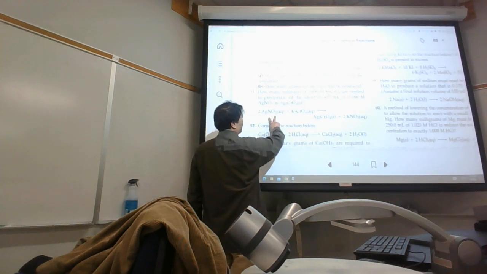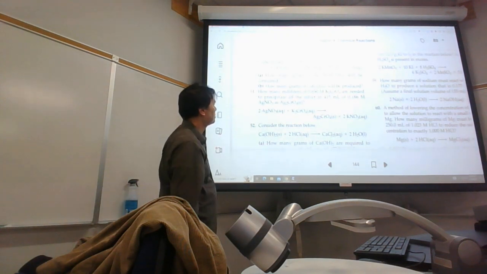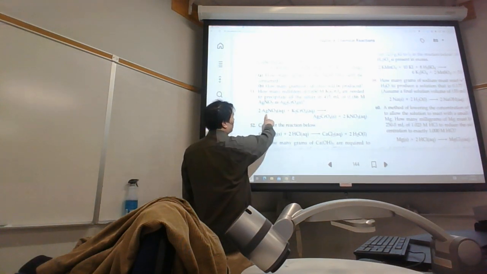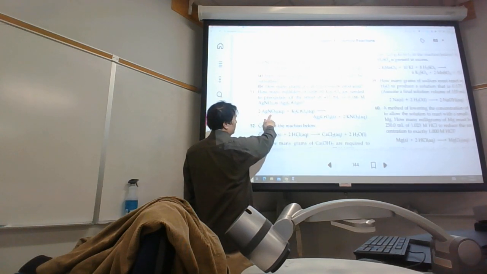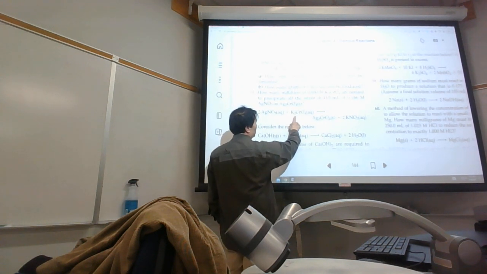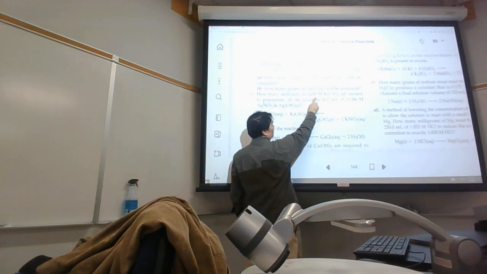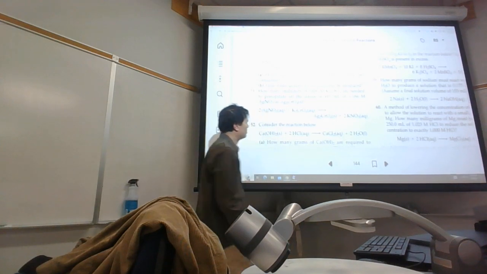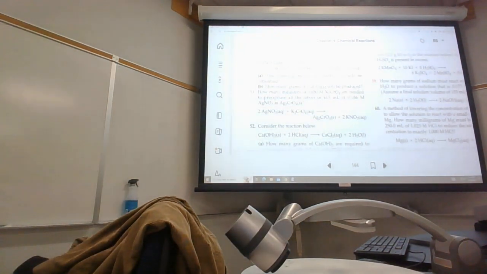So if you want to precipitate all the silver, then we're going to go from milliliters of silver nitrate to liters of silver nitrate solution, liters to moles of silver nitrate, moles of silver nitrate to moles of potassium chromate, and then moles of potassium chromate to liters. Since we have the molarity here, this is mole per liter. So let's set up something like that. Sorry, it wasn't a limiting reagent problem. That's just a straight stoichiometry problem.